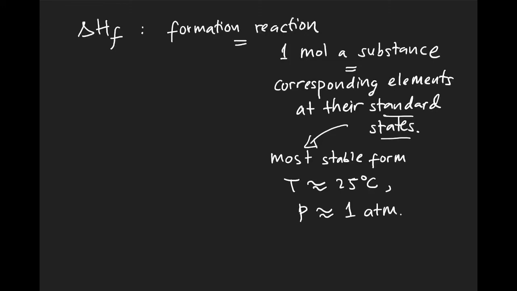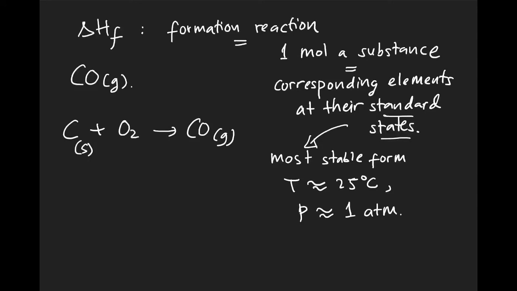For instance, let's take a look at the formation reaction of carbon monoxide gas. So we can form carbon monoxide gas from carbon, which is C solid in its most stable state or standard state, while the oxygen will be the O2 molecule in gas phase.